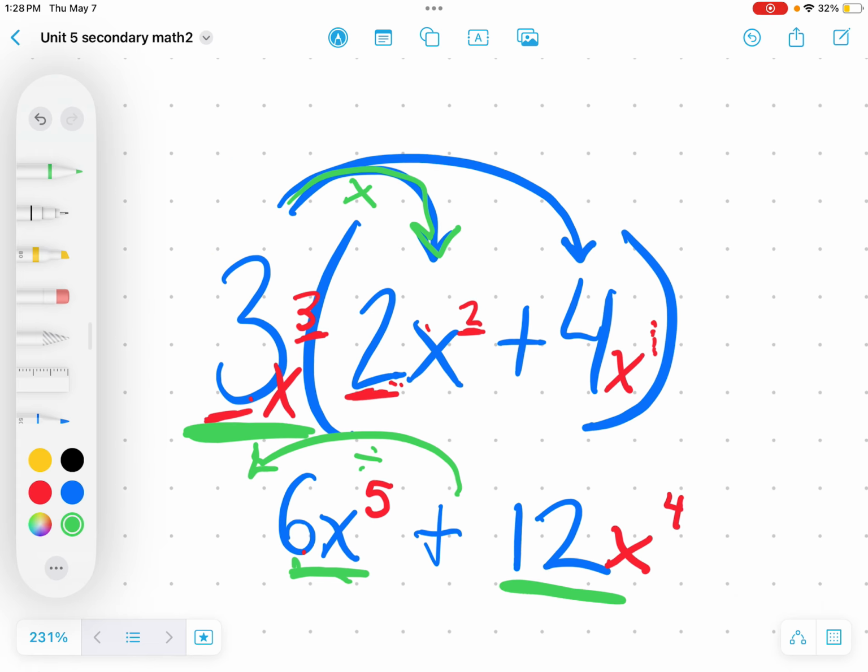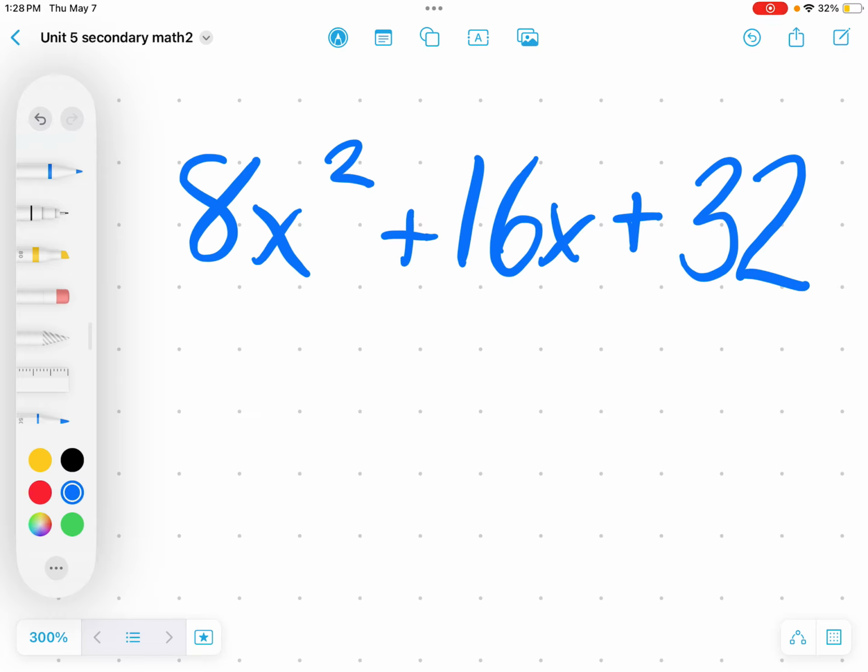Okay? So, for example, let's do 8x squared plus 16x plus 32. Step 1: we need to find our GCF between these three. What is my greatest common factor going to be here? 8.